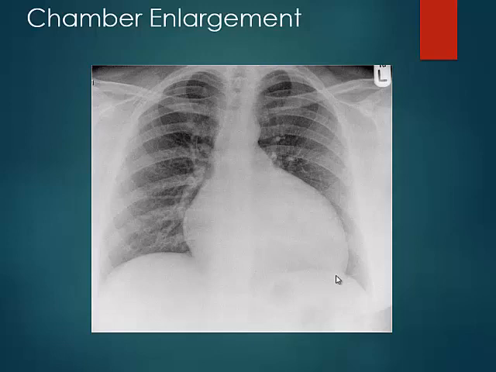That's enlargement of the right ventricle. When the right ventricle dilates, it rotates the heart backwards. The right ventricle, which is anterior, as it dilates, will rotate the heart in a clockwise direction, and then it will form a bulge in the left cardiac border. So this is right ventricular enlargement.